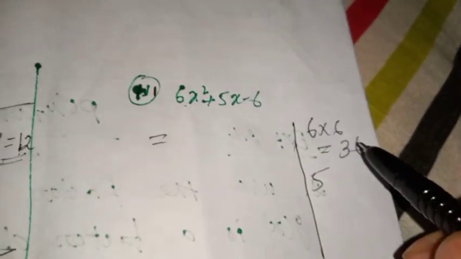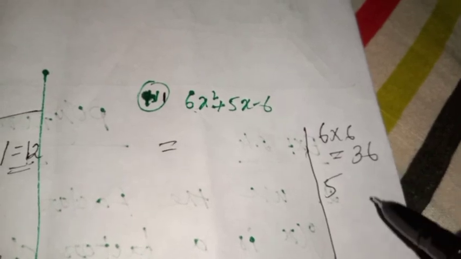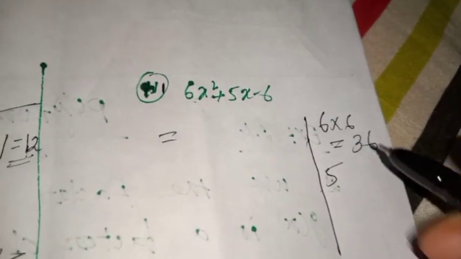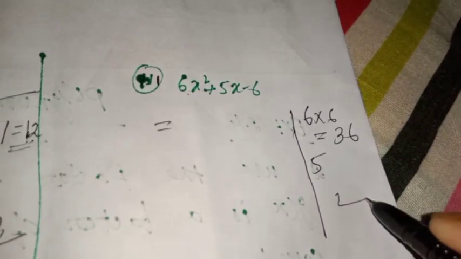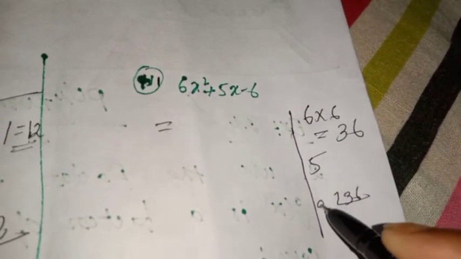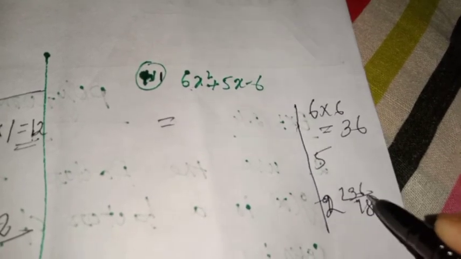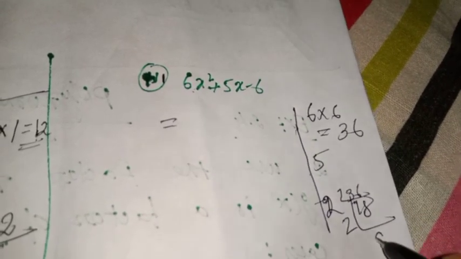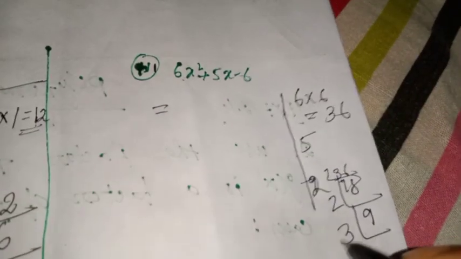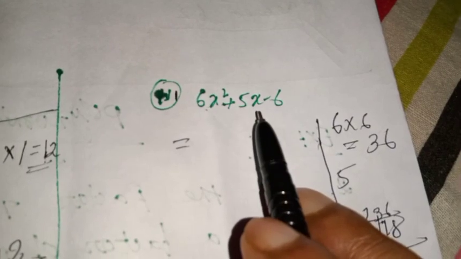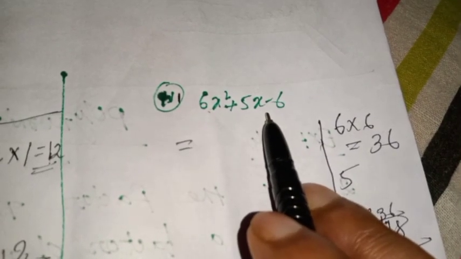So how to split, you know? You have to factorize 36. This is a small number, so I can say directly. But what is the process? 36, you have to break it: 2 18 is 36, 2 9 is 18, then 3 3 is 9. For a small number, you can assume directly: 9 minus 4 is 5, and 9 4 is 36.